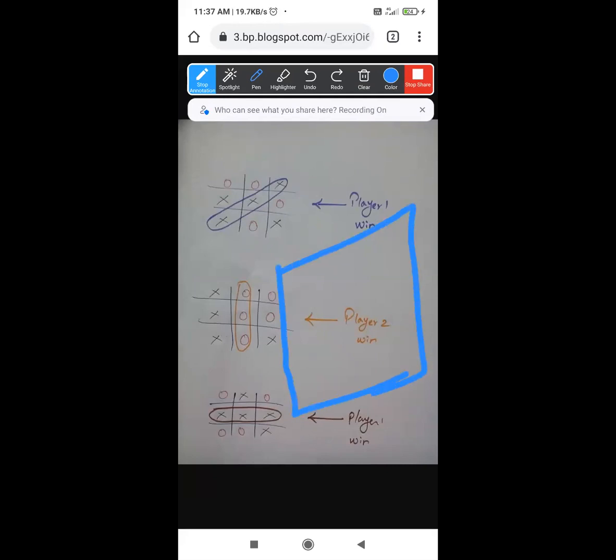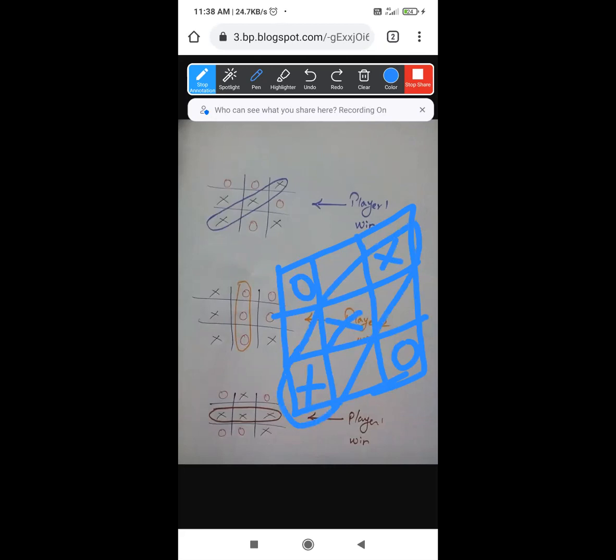One person is going to mark O and another person is going to mark X. Suppose I'm making a mark like this, and I want to win. If there is something like this, then this particular person is going to win the game.